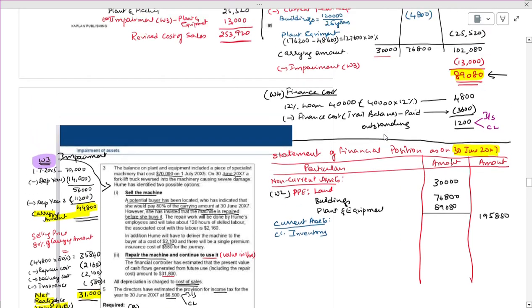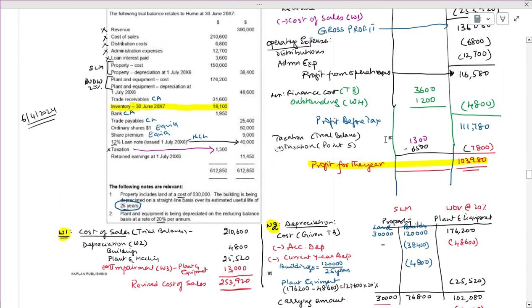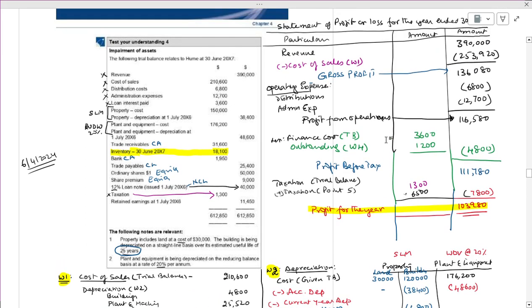No, doctor. In the trial balance they gave an inventory. What is the date they have mentioned for the inventory? 30th June 2007. When we are preparing on 30th June, this is the closing inventory.